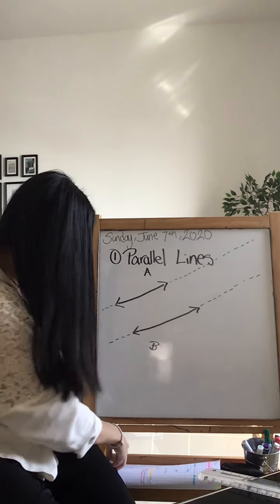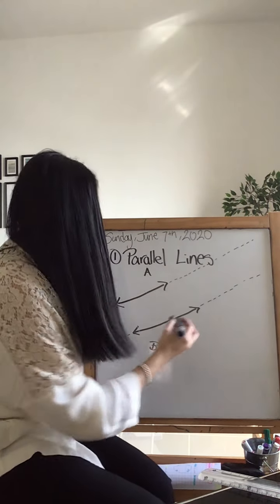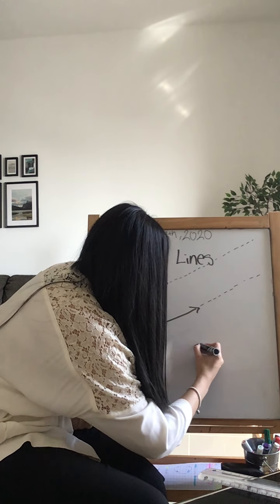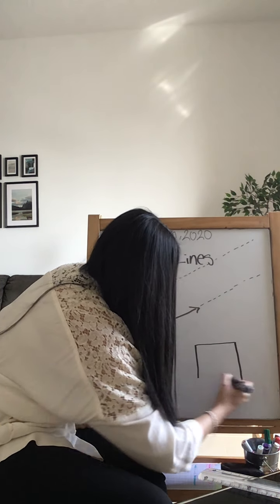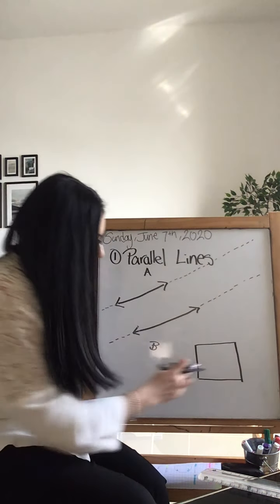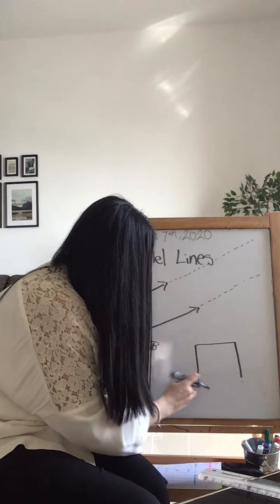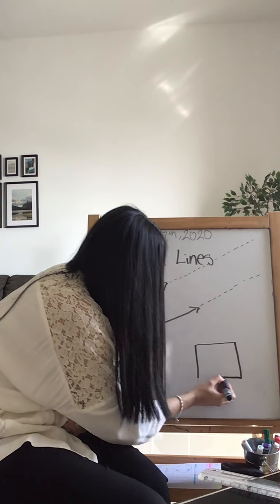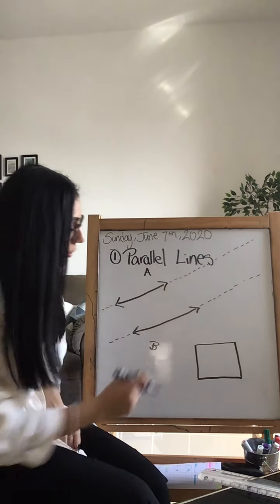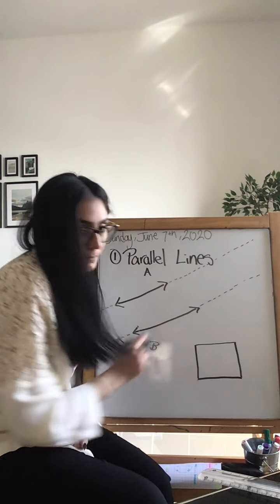And actually, let me show you one more example. Let's see if I had a square. So that's lines, but there's also lines in a shape, right? This is a square. Now, where are the parallel lines on this shape? Where are two lines that will never cross? Okay, so look at this line right now and this line, right?